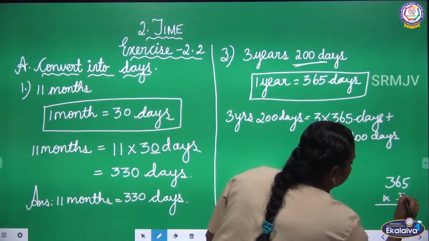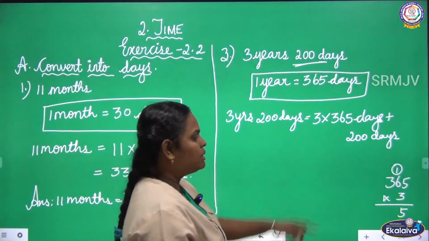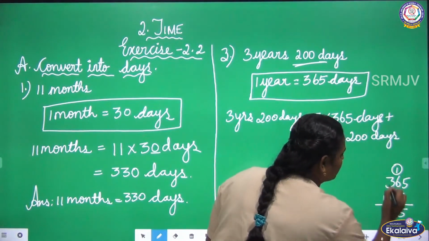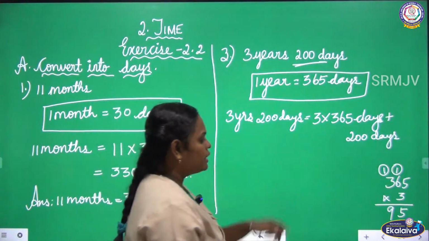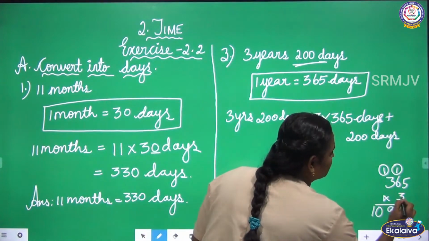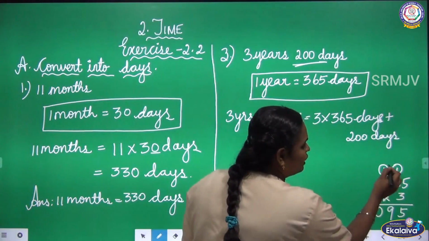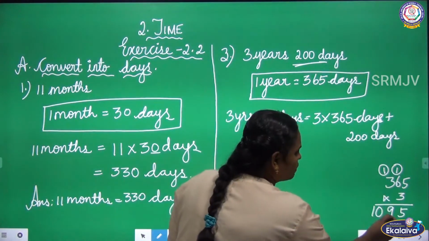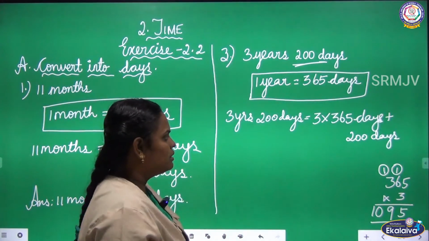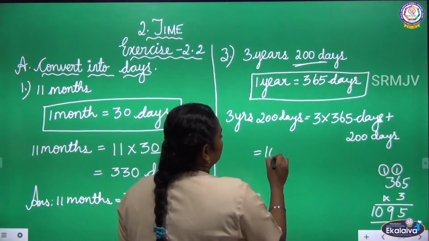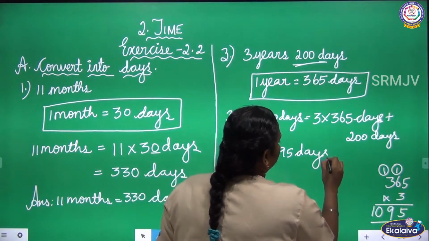So 5, 1 carry over, 3 6s are 18, 18 plus 1, 19. So 9, 1 carry over, then 3 3s are 9, 9 plus 1 is 10. So how many days? 1095 days plus 200 days.